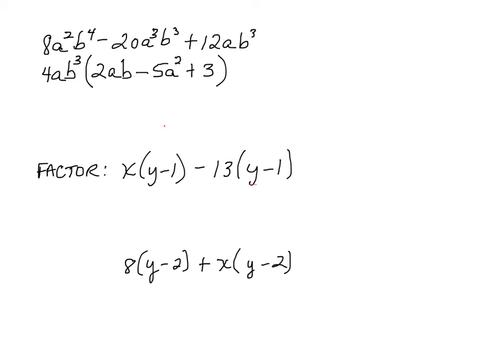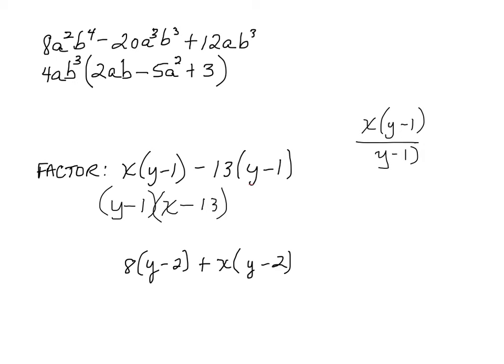So we can factor it out just like we did before. If we factor out a y minus 1, what's left after we divide it out? What's left, and you have to put it in parentheses, is x minus 13. Because when you factor out the y minus 1, what you're basically doing is dividing by y minus 1.